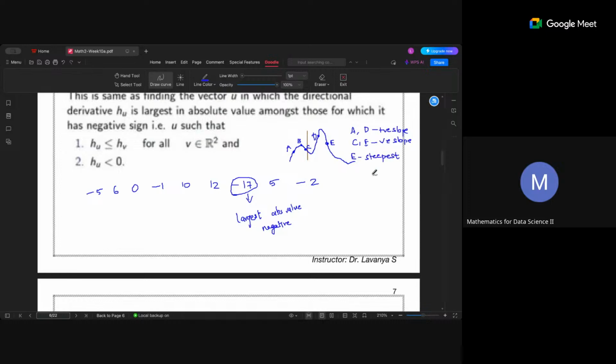Do you understand? Yes, ma'am. So this is the place where you have the smallest derivative among other points, with negative sign. Do you understand?